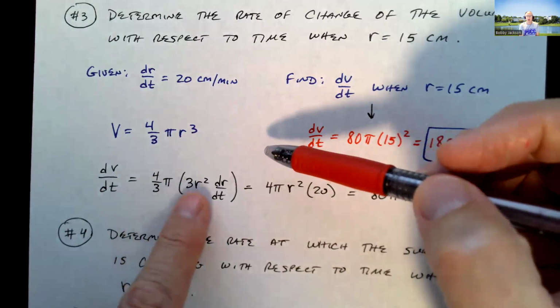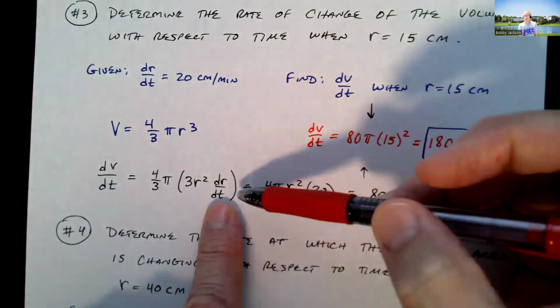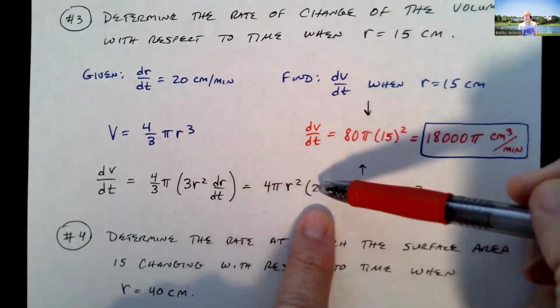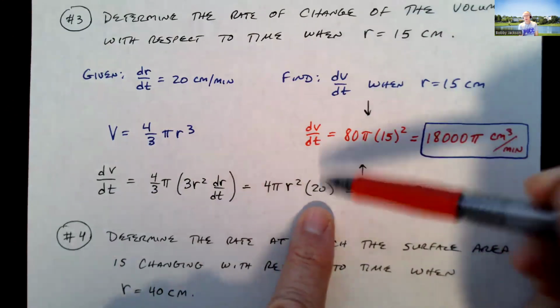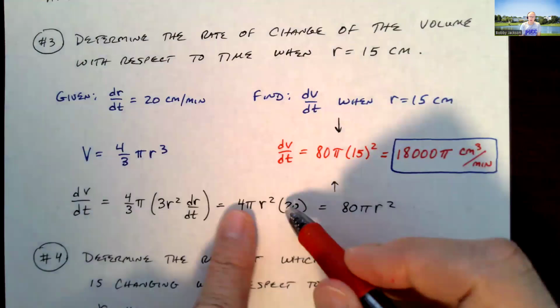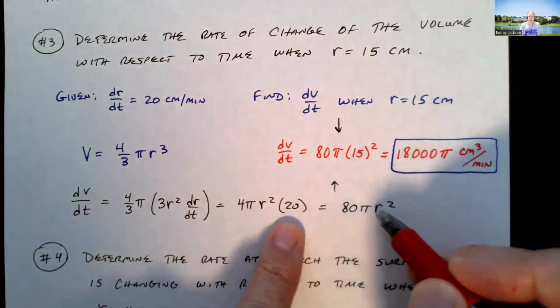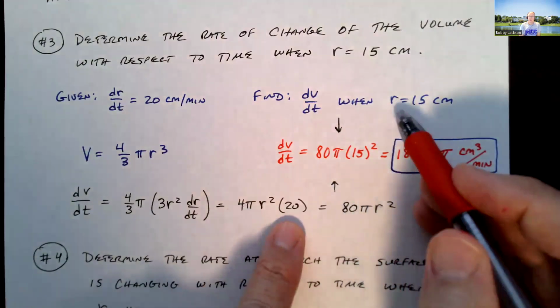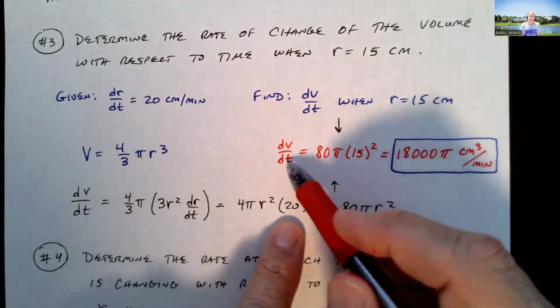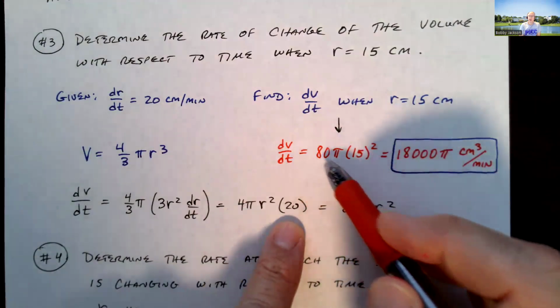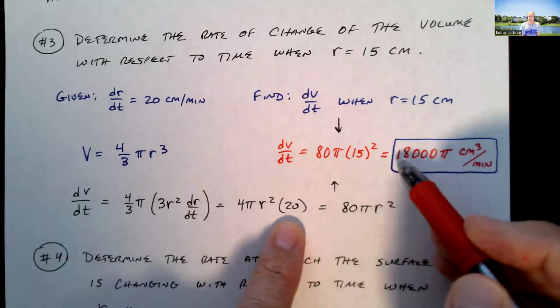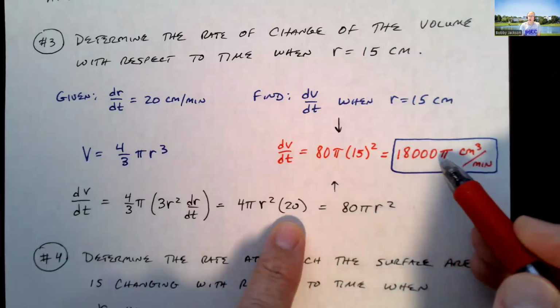So I get 4 pi r squared, and dr dt, I'm going to go ahead and replace with 20 centimeters per minute. And so 20 times 4 gives me 80 pi times whatever the radius is squared. Well, the radius we're told is 15 centimeters. So if I plug that in for dv dt, 80 times 15 squared is 18,000 pi.